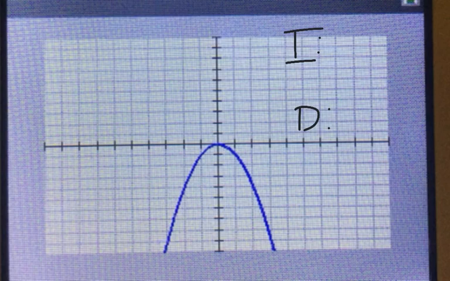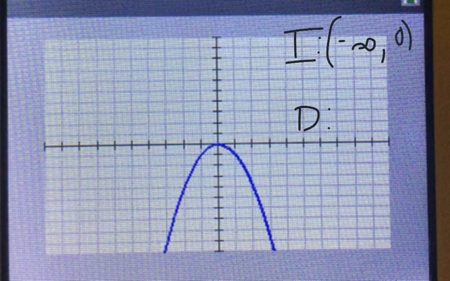The y values are going up. Walking from left to right, that blue line is getting taller and taller. It's increasing. When does it stop increasing? At an x value of 0. So this graph at the beginning was increasing from negative infinity until 0.